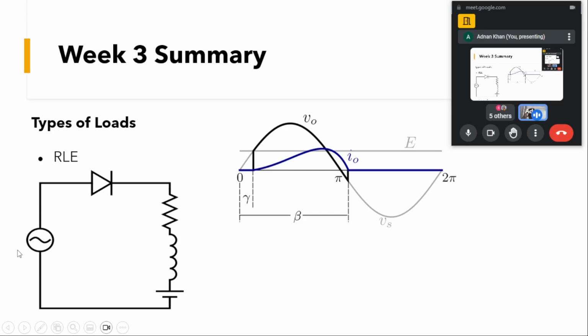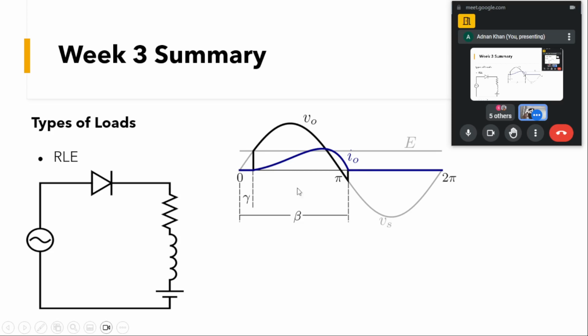As long as this sinusoid is below 20 volts, this diode will be reverse biased and won't start conducting. As soon as this input voltage is higher than this output voltage, this diode will start conducting.